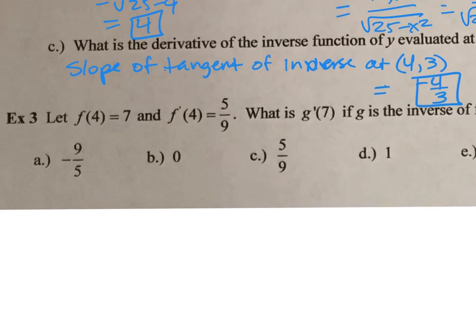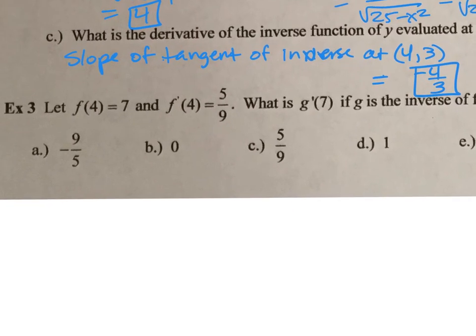Okay, so remember, g prime of 7, the derivative of the inverse function, is just going to be the reciprocal of the derivative of our function at 4, 7. So at 4, 7, the slope of that tangent line is 5/9.